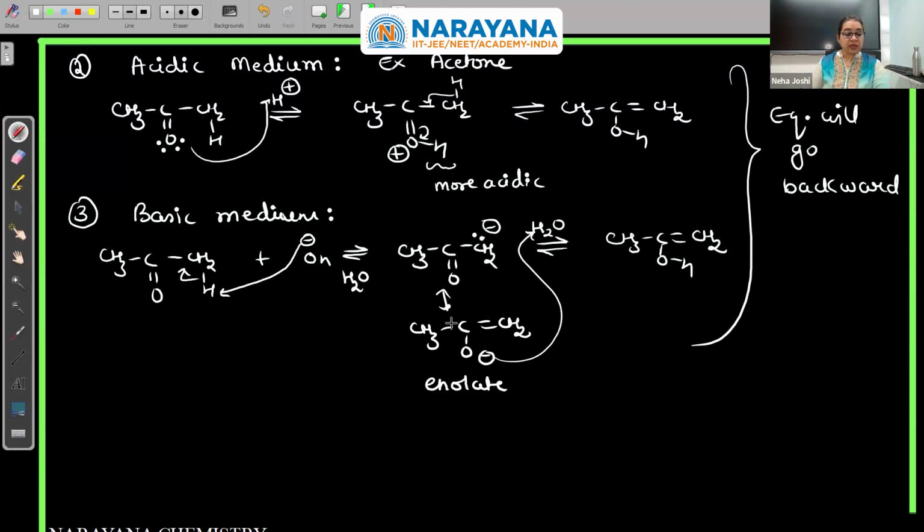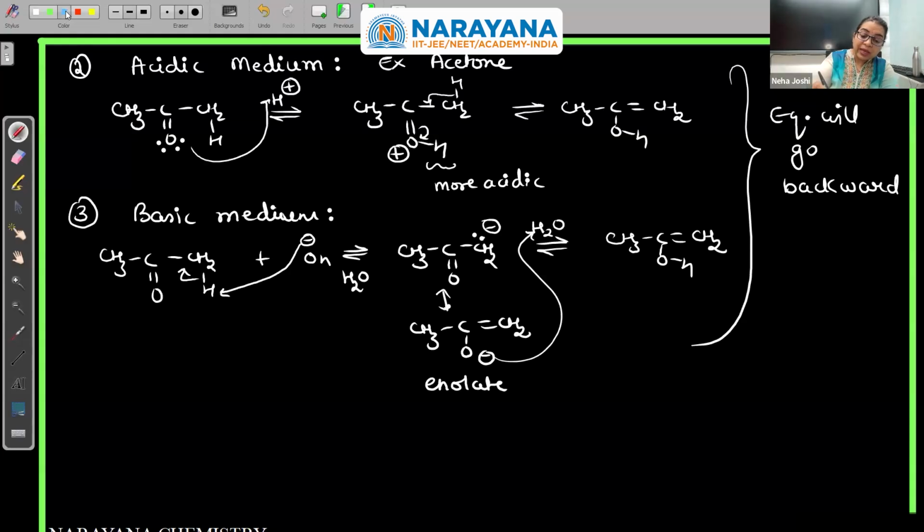If C minus is more basic, then I will take the attack of C minus as a better base. And thus the answer is ketone again. So equilibriums are always going backward for all these interconversions. Is that obviously clear? Right.